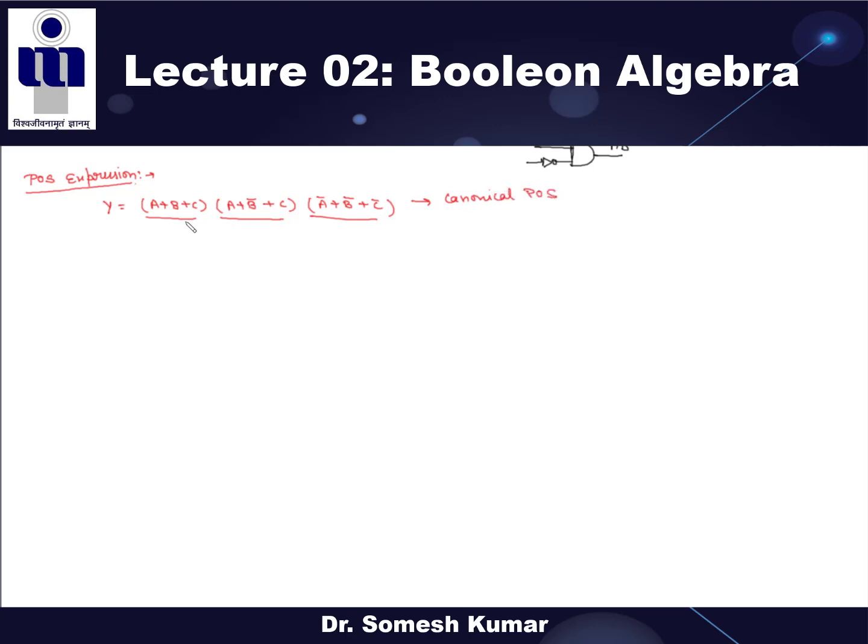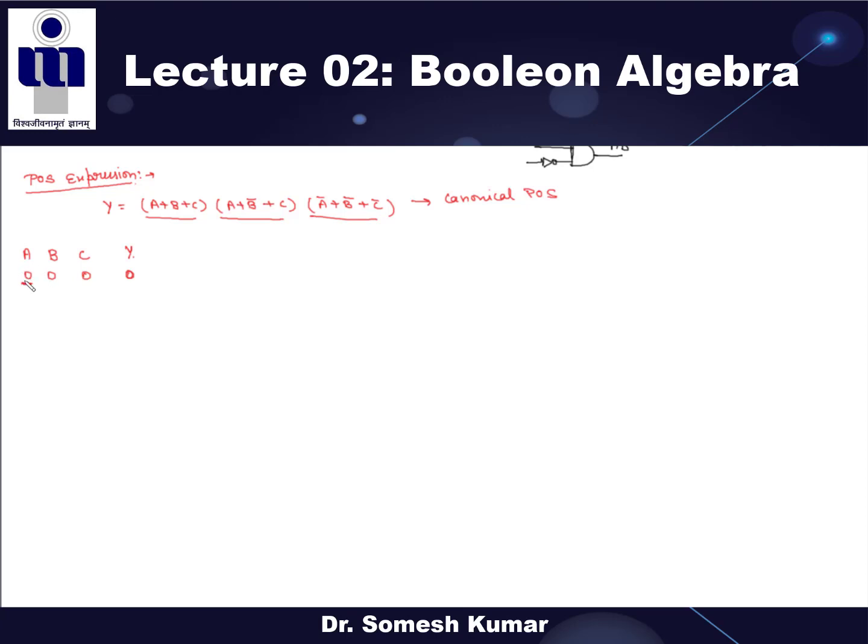Now this first one is the max term of what? Max term of 0. If we are saying A, B, C, and this is 0, 0, 0 and the output is also 0. Now, in the POS form, each 0 is represented in non-complement form, whereas in the SOP form we represent it as A bar.